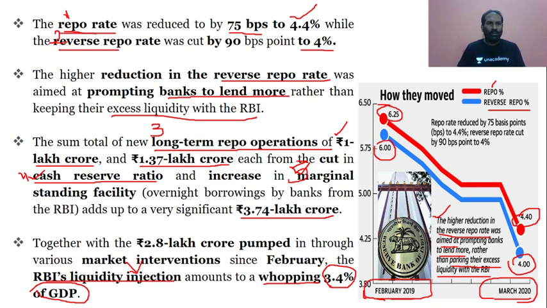First is the repo rate, the second method is reverse repo rate, the third one is long term repo operation, that is LTRO, the fourth one is cash reserve ratio, and the fifth one is marginal standing facility. Why I'm repeating or revising this for you is because this could be an analytical question in the Prelims 2020. Please do understand my point.